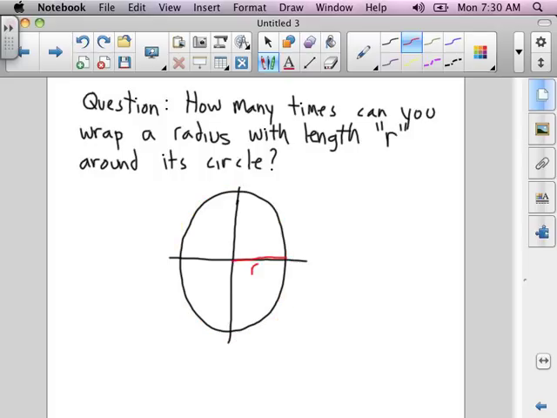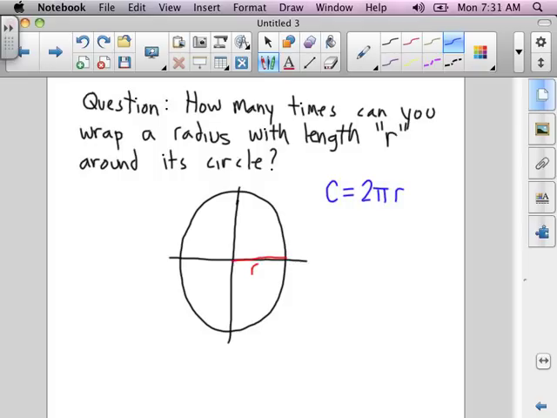So, if you recall from geometry, we learned about something called the circumference. And circumference really is the distance around the circle. So what we want to know basically, if we can find our circumference, we can divide it by r, and we can get our answer. Now, this formula for circumference, there's 2 of them, but the one that you probably use, circumference equals 2 pi r. R is your radius.